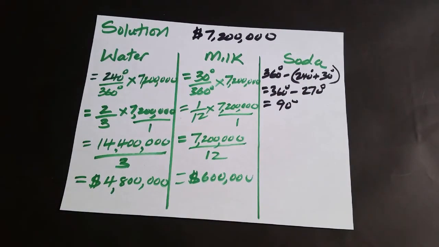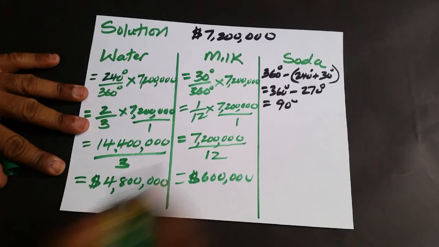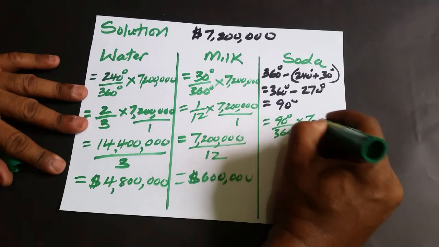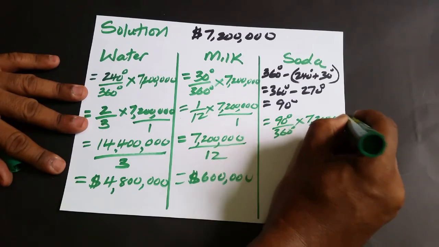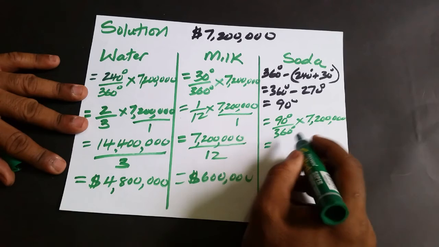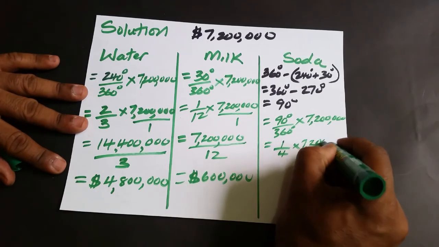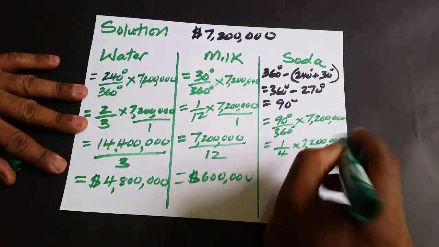So we'd simply use 90 in the formula, which is 90 degrees over 360 degrees times the 7,200,000, and 90 into 360, that's a quarter, times 7,200,000, which is that over 1.